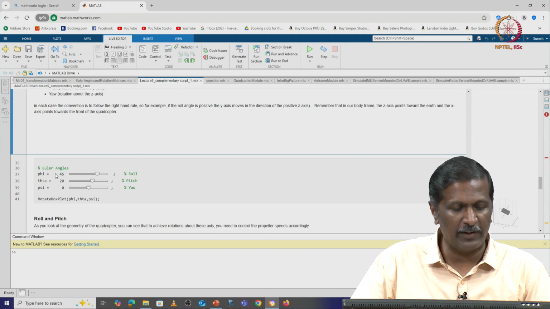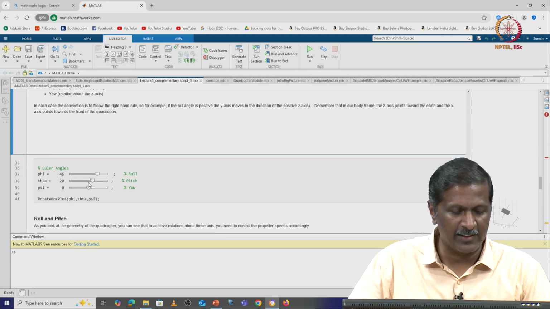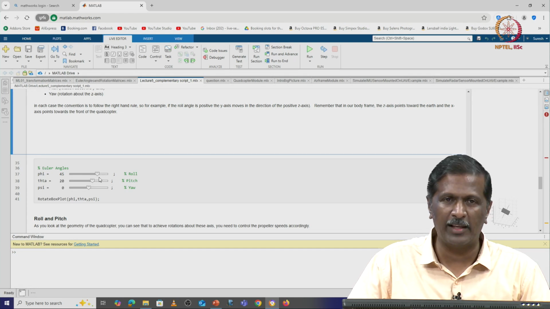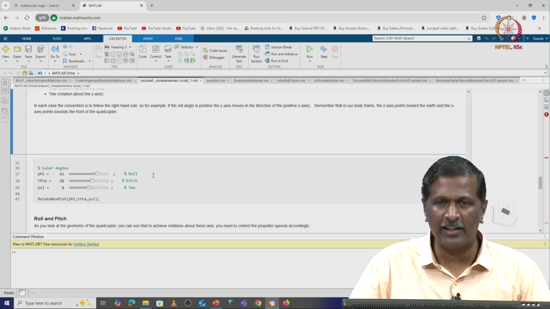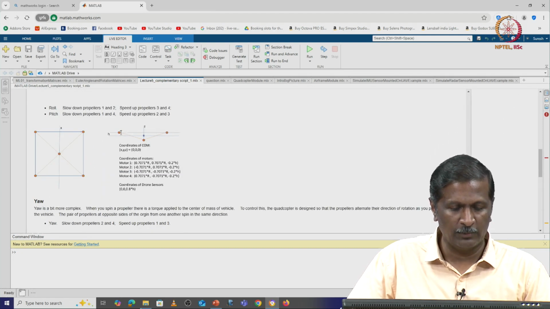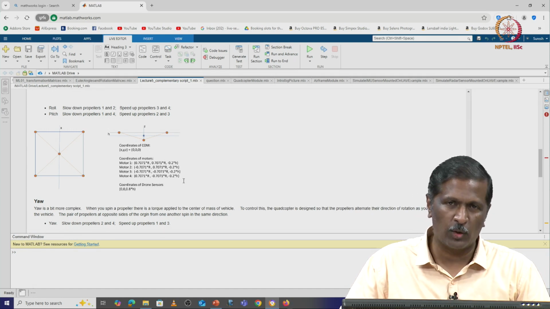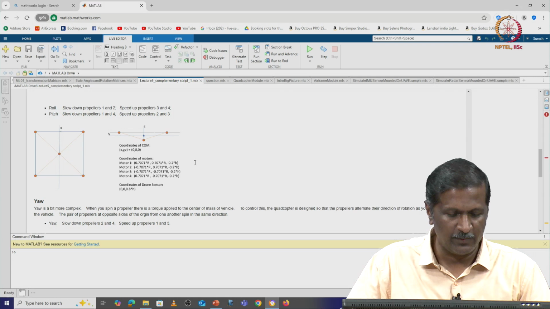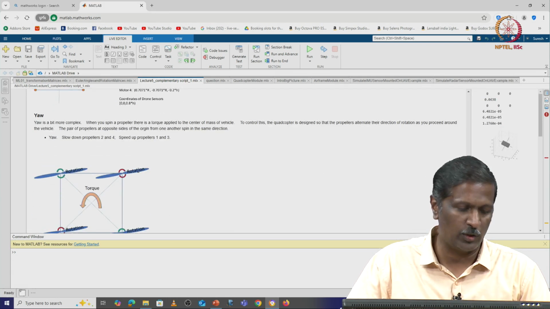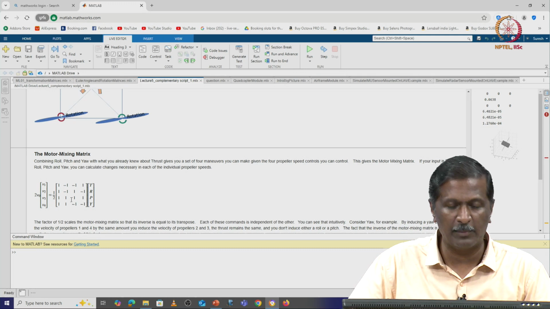You can just define pitch phi, theta, psi, and you can vary these. If you vary these accordingly, you can get your rotation matrix. Okay. So, I can control all this information to get my rotation matrix. I already discussed how to get pitch, roll, yaw and thrust. So, we use that to get the control matrix, the mixing matrix. Okay. This is how we get the mixing matrix.